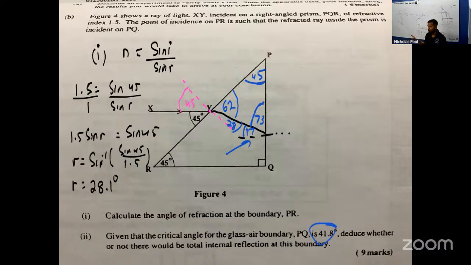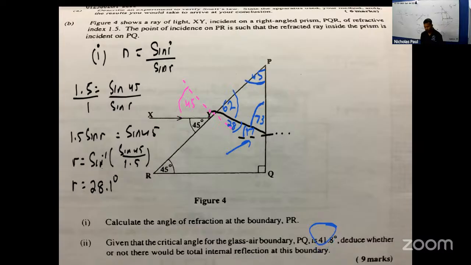It will undergo what? Refraction. Yeah? So it will undergo refraction, and it will come out like this.